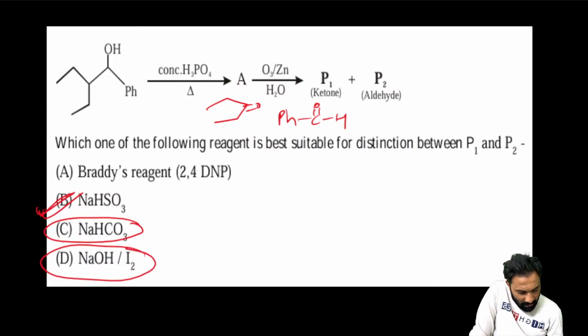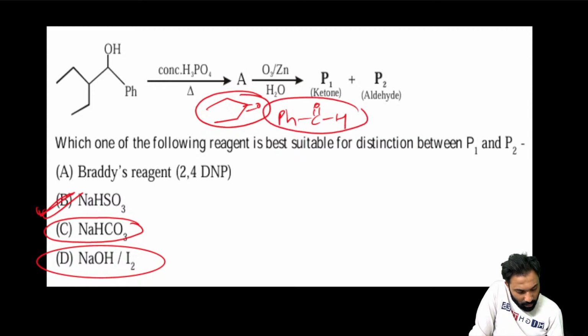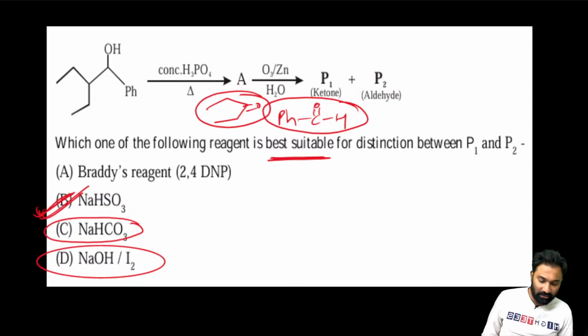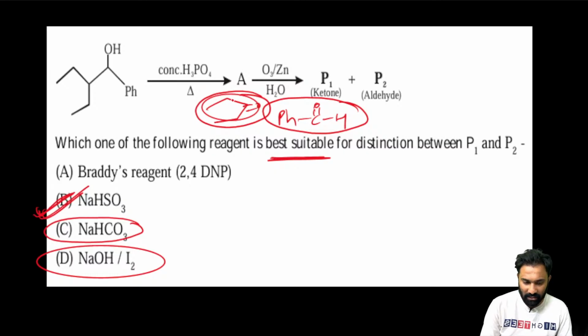Iodoform will not react. But the sodium bisulfite will react with both the aldehyde as well as the ketone. The best suitable is only the sodium bisulfite, because it will react with both. The Benedict's reagent will not give the reaction with the ketone.